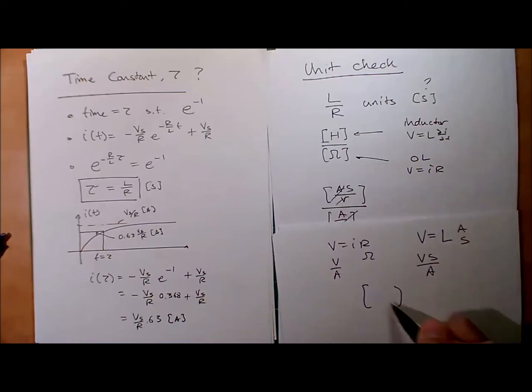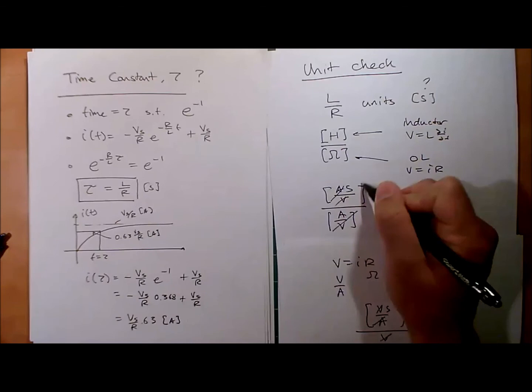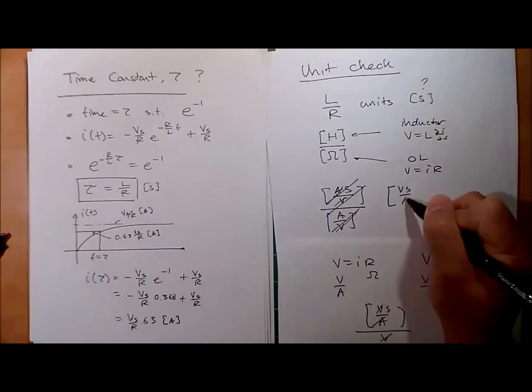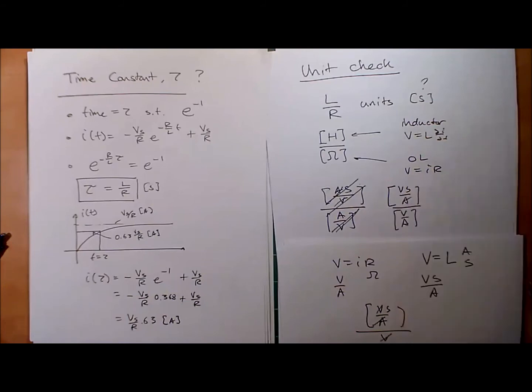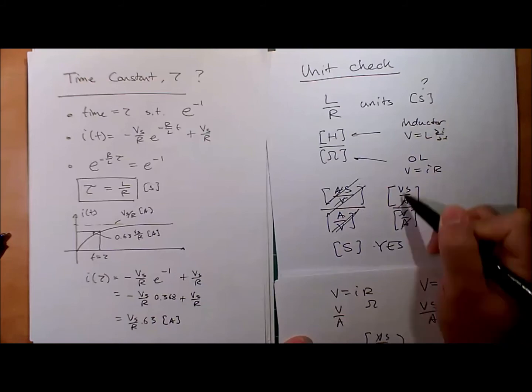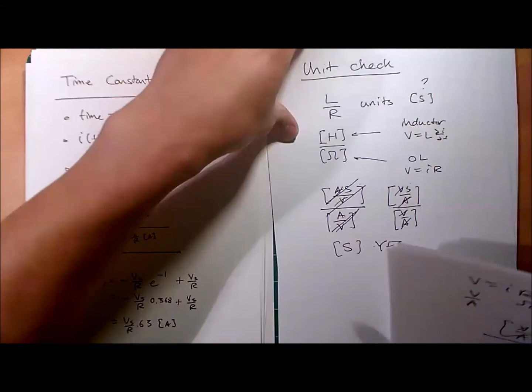So that's a volt second per amp on the top, and then this is a volt per amp on the bottom. You still get that same cancellation. This is incorrect. This should be a volt second per amp, and this is a volt per amp. You know, sometimes I make mistakes too. I apologize for that. But still, we get the nice cancellation here, and we're left in seconds. Got lucky. Whew. Let's keep going.